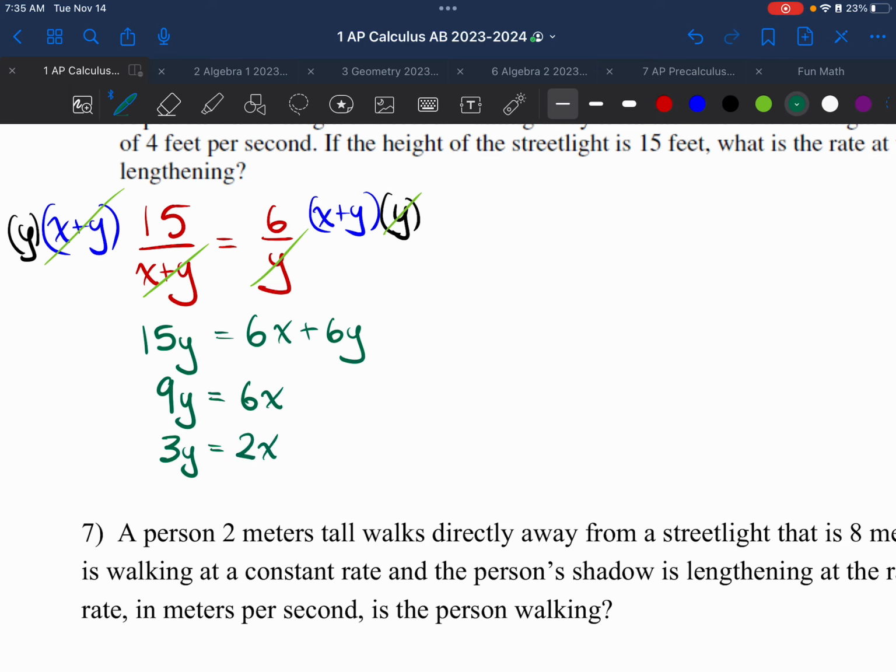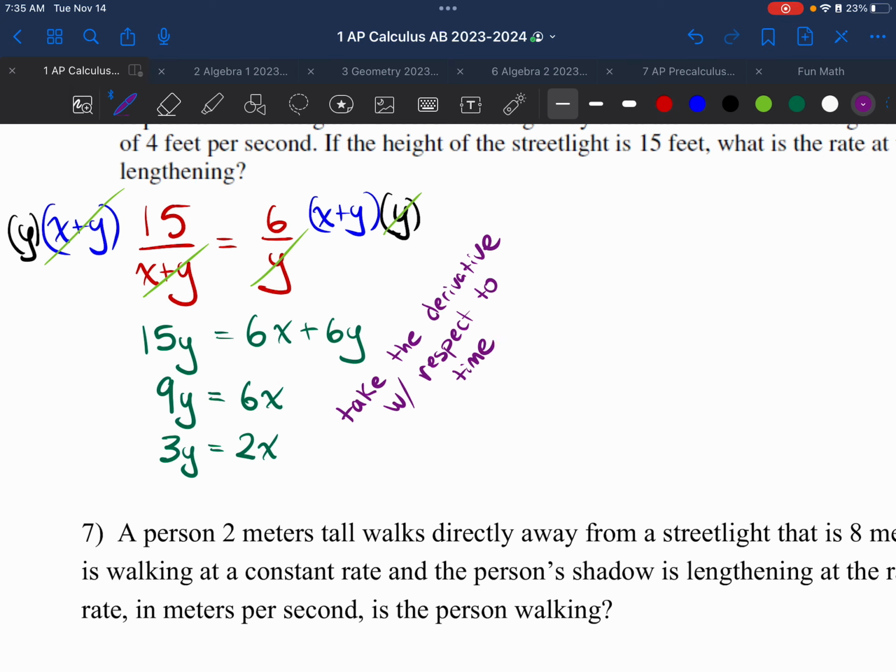And from here, we take the derivative. So I'm going to do a magical line here that says take the derivative with respect to time.